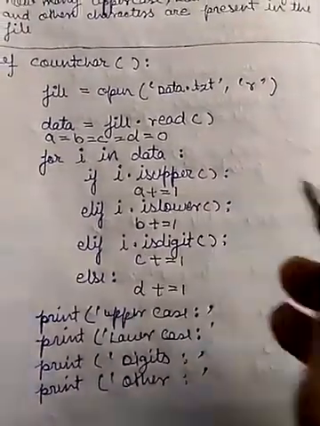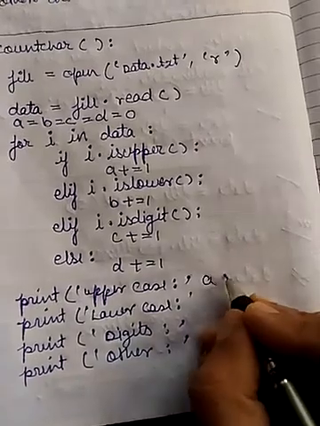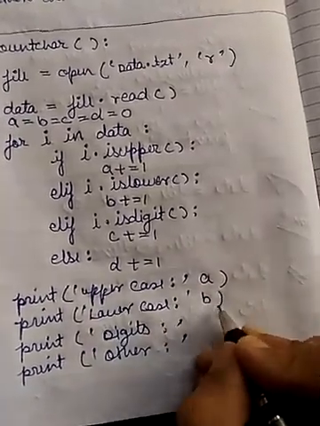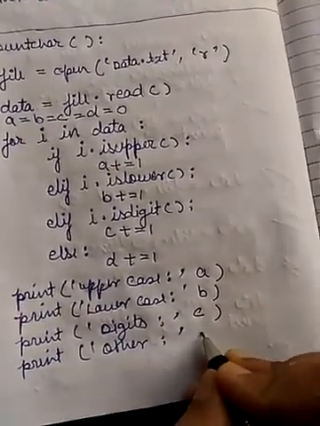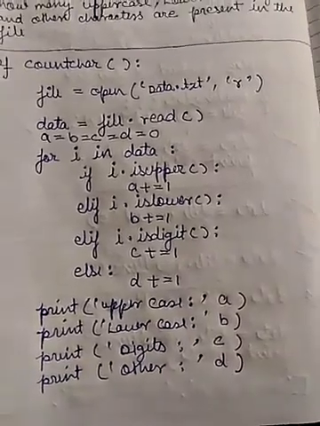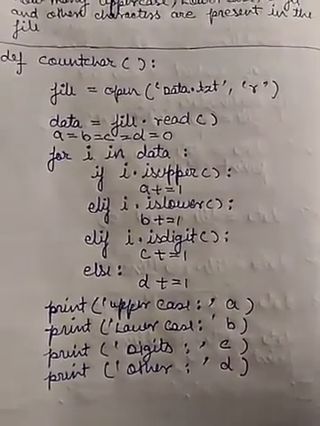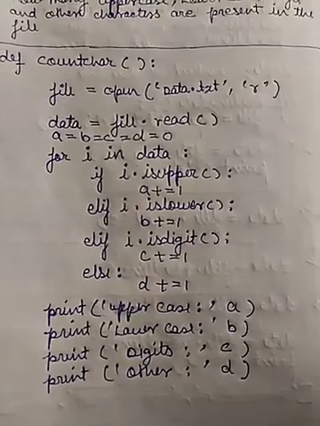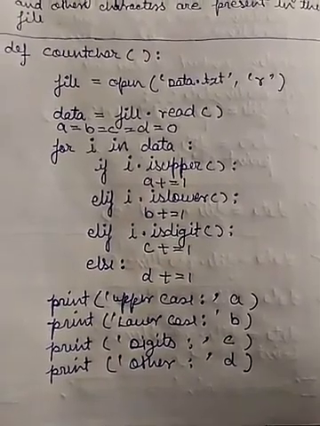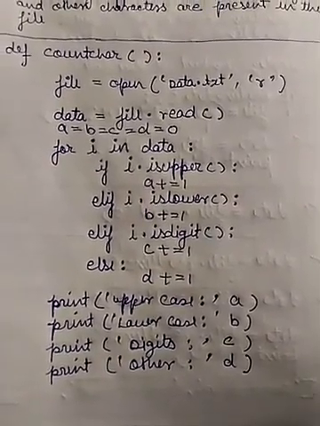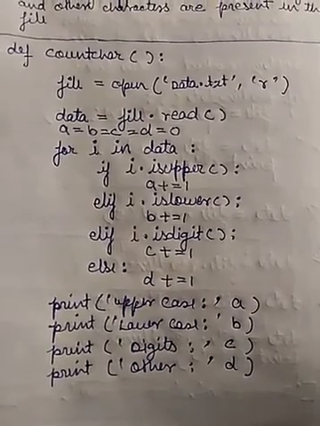Uppercase characters are counted in A, lowercase are B, digits are C, and other characters are D. So in this way you can define a function in which you have counted the uppercase, lowercase, digit and other characters present in the file.